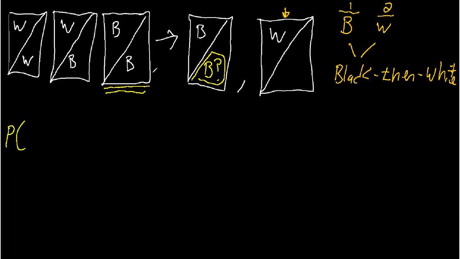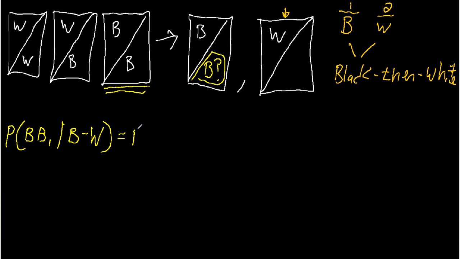We're looking for the probability that the first card was black, and so I'm going to call this black 1, subscript 1, to denote the first card, given that first I saw a black face, and then I saw a white face. And so rather than represent this as two independent pieces of information, I'm going to call it B-W.